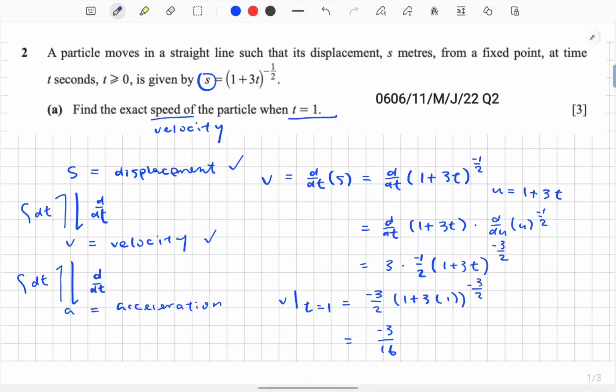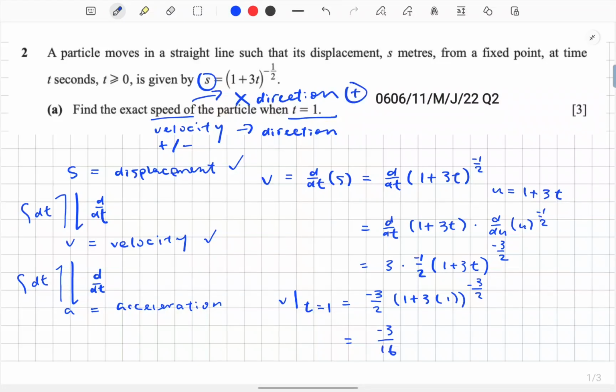But notice that the question used the word speed instead of velocity. Although the two words are really similar, there are some minor differences. Velocity has a direction, while speed does not have a direction. So velocity can be either positive or negative, but speed only has the magnitude, so it is always positive.